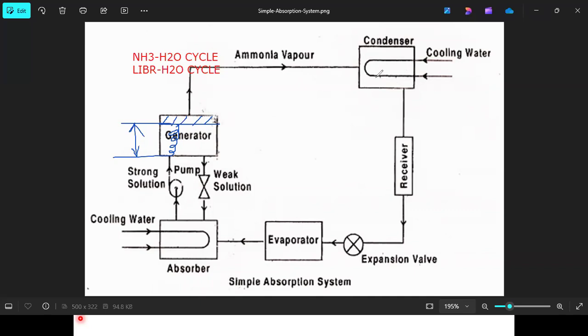So that's the working that should be happening inside the condenser itself. Now, once this ammonia vapor is converted into liquid ammonia, what is it? Liquid ammonia. Am I clear? So once the condenser is crossed, the outletting ammonia is now in the liquid phase.